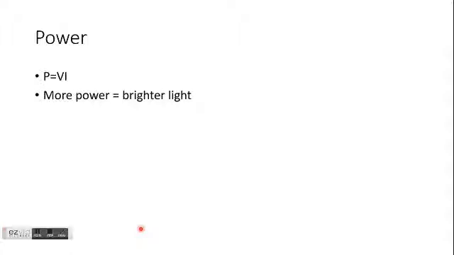They're all just different ways of measuring power. And the thing about power is more power equals a brighter light. You'll often be asked, if the lights are hooked up in parallel or in series, when are they brighter? And the answer is always going to be parallel, because there's less resistance, which means more current, which means brighter lights.